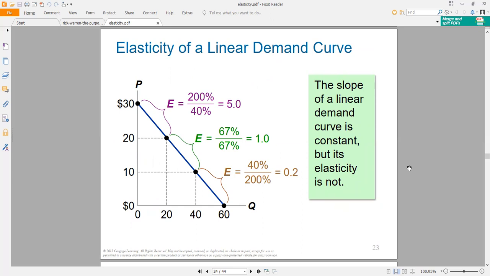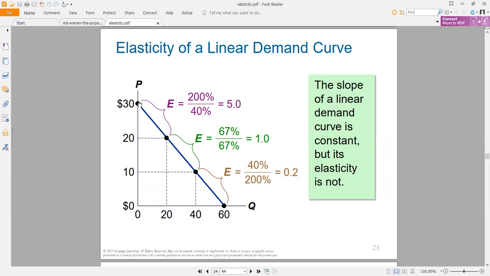All right, elasticity of a linear demand curve. If you take the linear demand curve, the slope of the curve doesn't change. It's constant throughout, but the elasticity isn't constant. Demand for the good is more elastic at the top and less elastic at the bottom. At the midpoint of the linear demand curve, you get a unitary elastic demand.